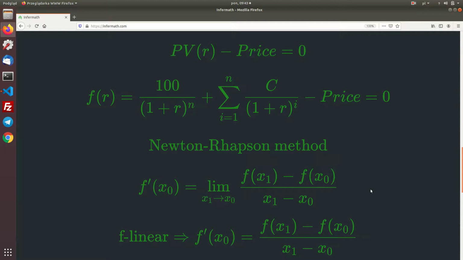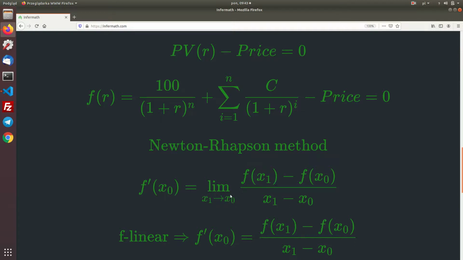What does it mean exactly? Let's take a look at the math. So here we have a definition of derivative. This is just a high school definition, nothing fancy. So this is the limit of this ratio: change in function divided by the change in argument as one argument approaches the other.